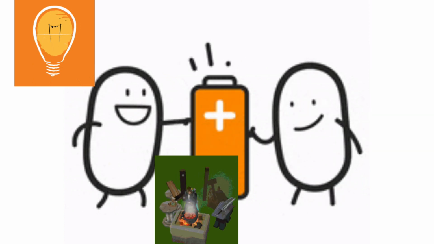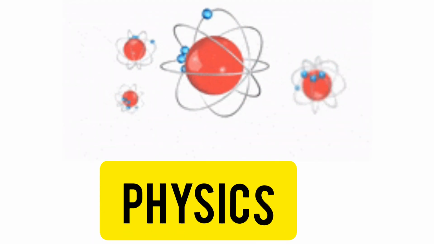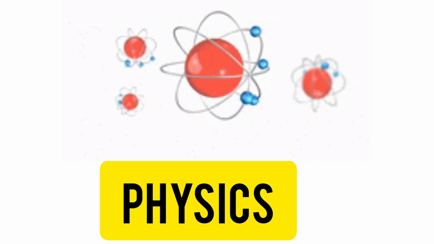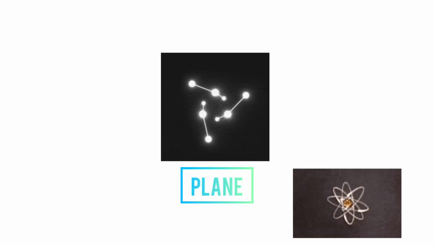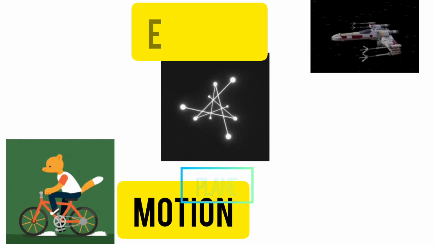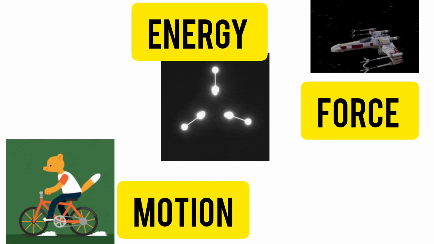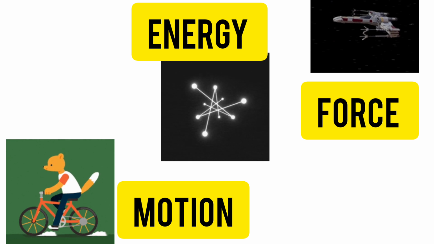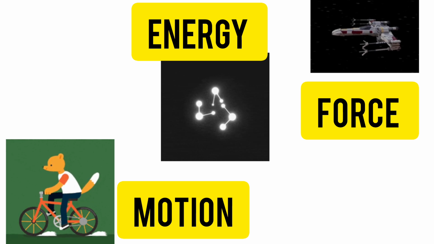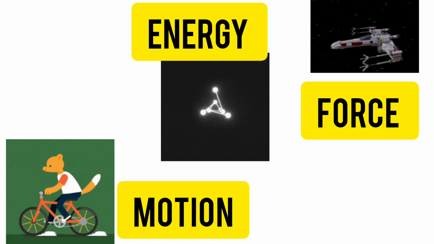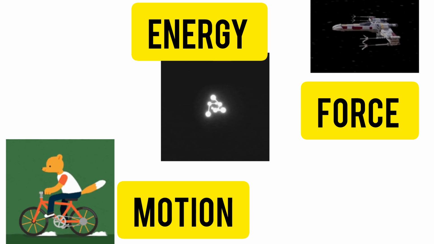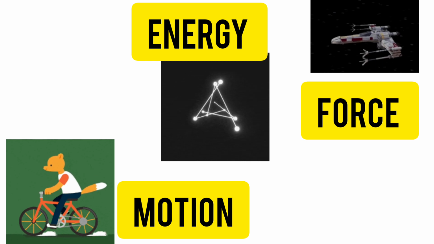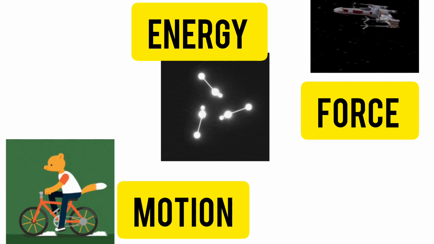So physics can also be defined as the physical plane of matter, motion, force, and energy. This might look a little bit dicey, but this simply means the physical dimension of matter, and not only matter, but of motion, of force, and energy.